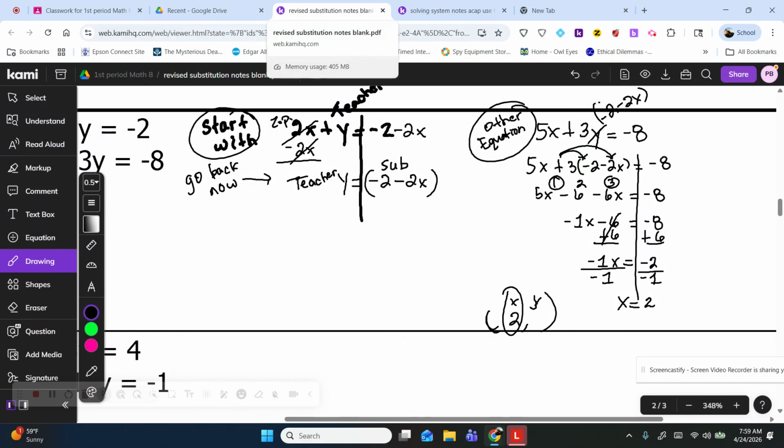The x comes out, and what goes in? 2 times 2, that stays in the same seat, and this stays in the same. Everybody with me? Y'all sure? What's 2 times 2?